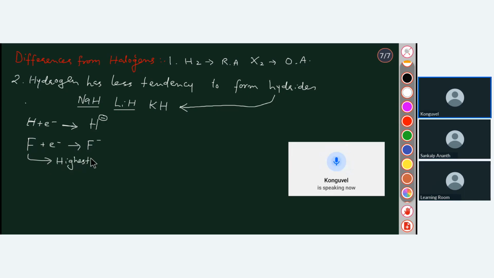Note this down, because it is sometimes asked which element in the periodic table is most electronegative: it is fluorine. So remember that hydrogen has less tendency to accept an electron, but halogens have a very good tendency. They can easily accept the electron. Correct?